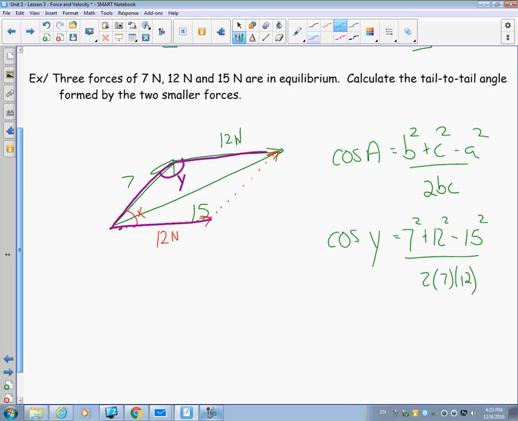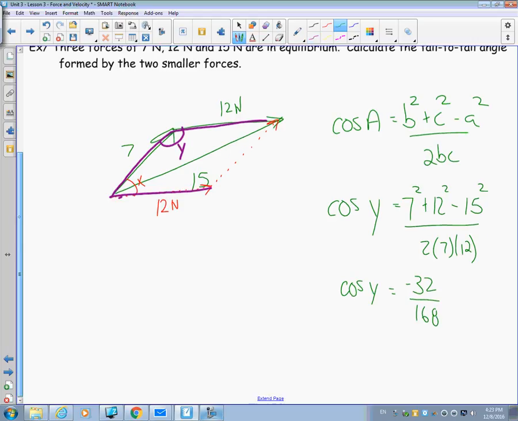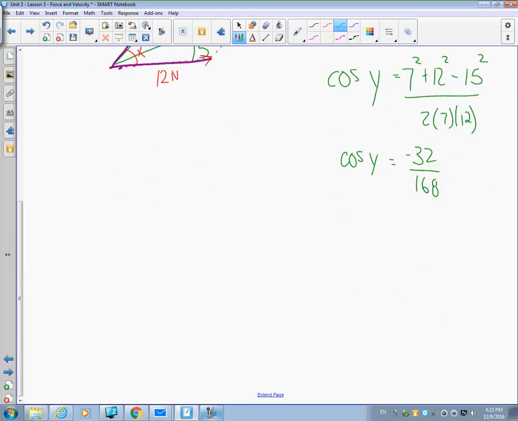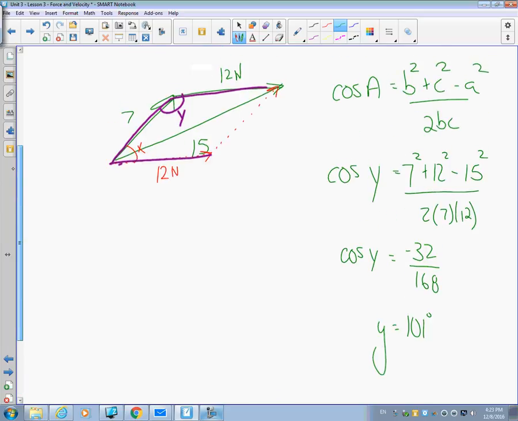In our calculator, we'll figure out the top part and the bottom part separately. I get negative 32 over 168. I'm going to take the inverse of that. And hopefully, if you take the same inverse that I did, we end up with a y value of 101 degrees. And that's the tip-to-tail angle.